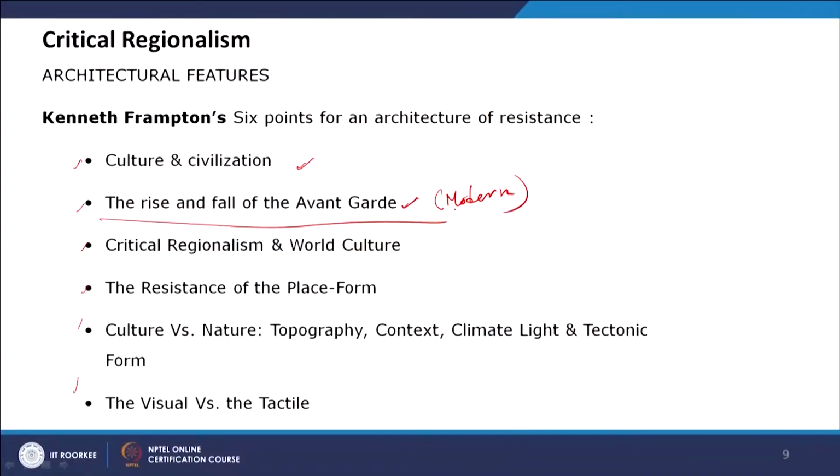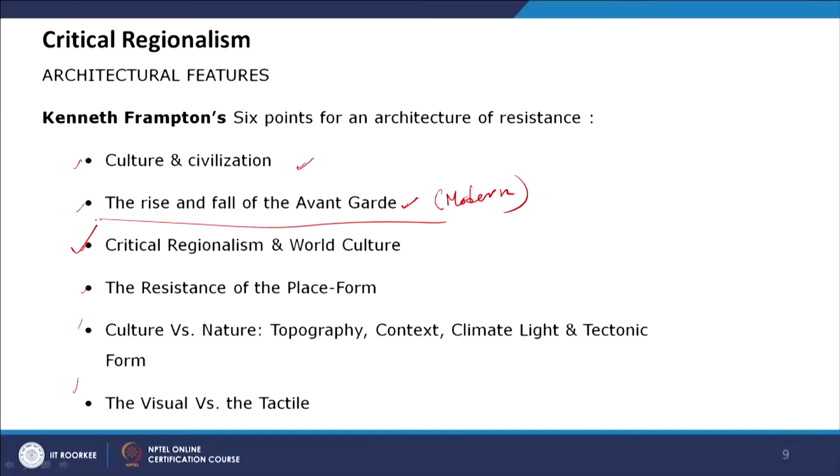De Stijl is part of it. There was a rise, but it collapsed. Why it collapsed, according to him, is because it did not take people's voice. It was a radical, top-down design style.